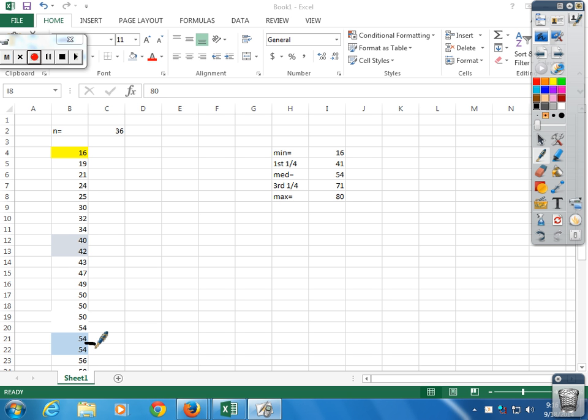It's between the two 54s. Yes, that's right. You always average these two. These two are not always going to be the same. So when you find the median or the average of these two numbers, you're finding it right in the middle of those two numbers, and you count up from that number.